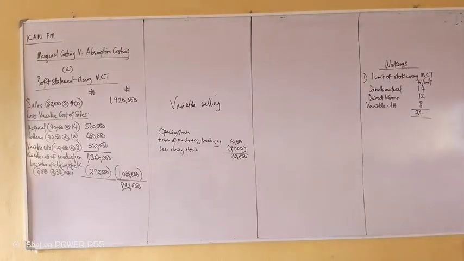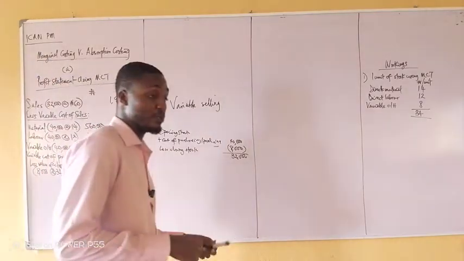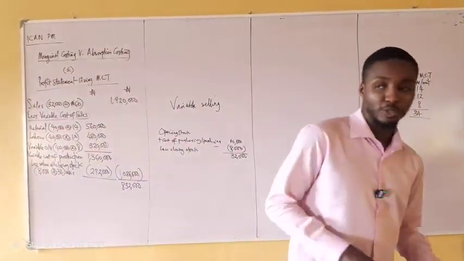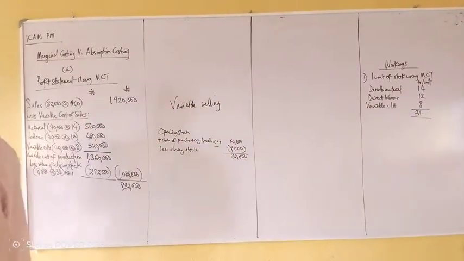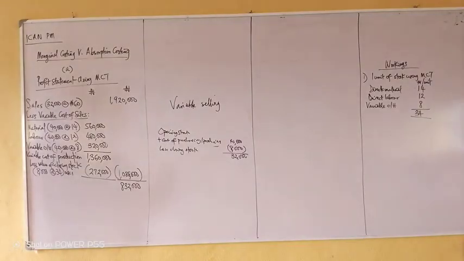Now, sales less variable cost is called what? Contribution. Although this is not the total contribution of the firm, because we have only treated the variable production cost. There are other variable costs. So this will be called the production contribution, or better put, factory contribution.